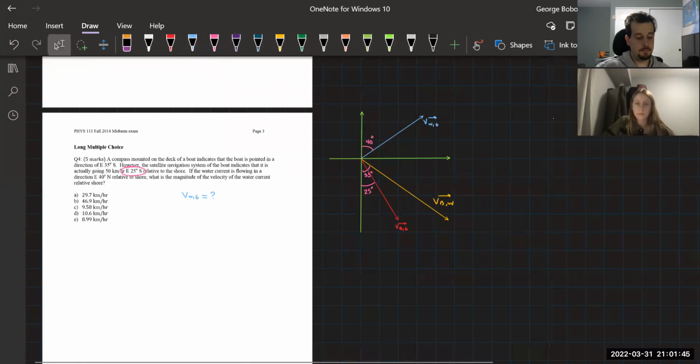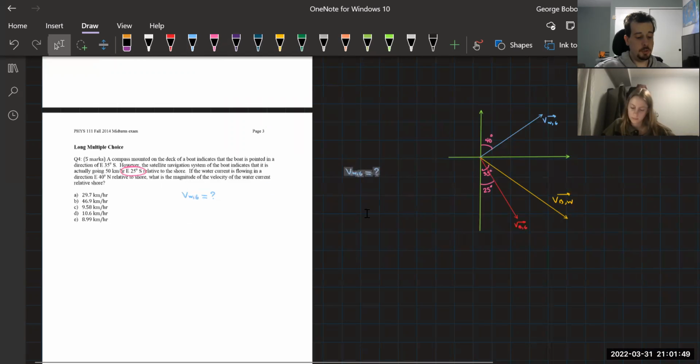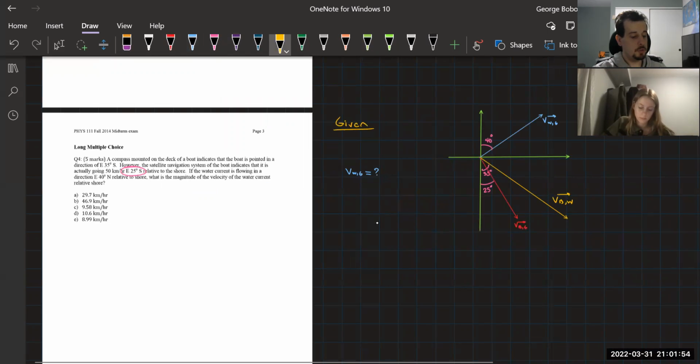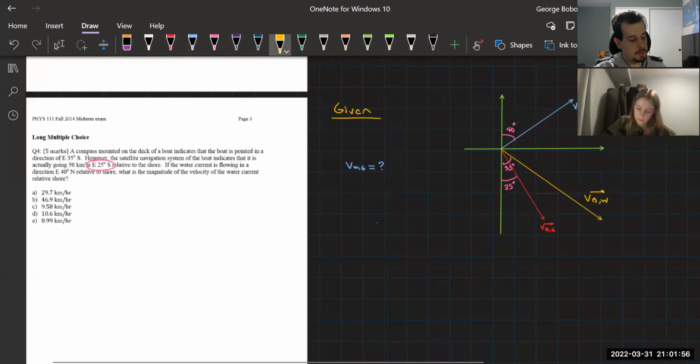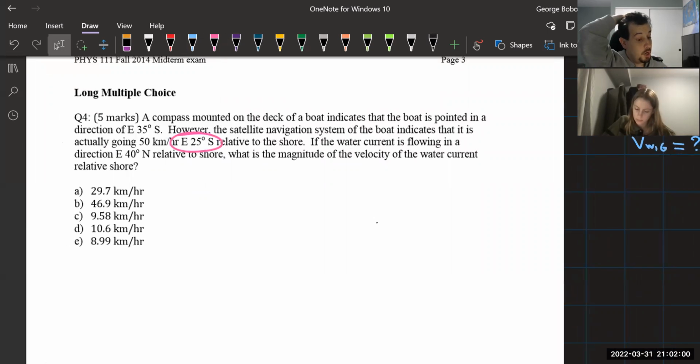All right. So before we jump in, put down what we know again. Given, it says the boat is pointed in a direction this much. We are not given the velocity of the boat with respect to the water, but we are given the velocity of the boat with respect to the ground.